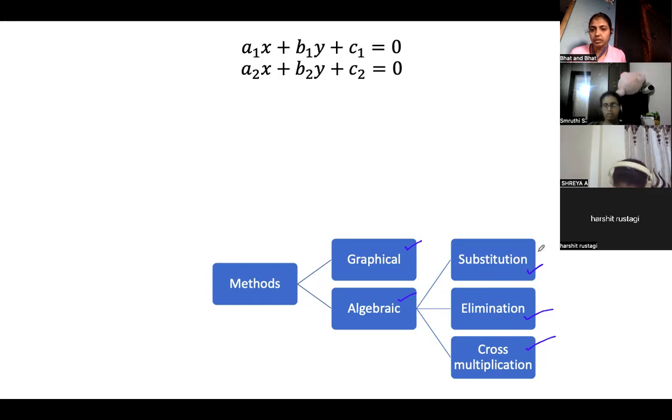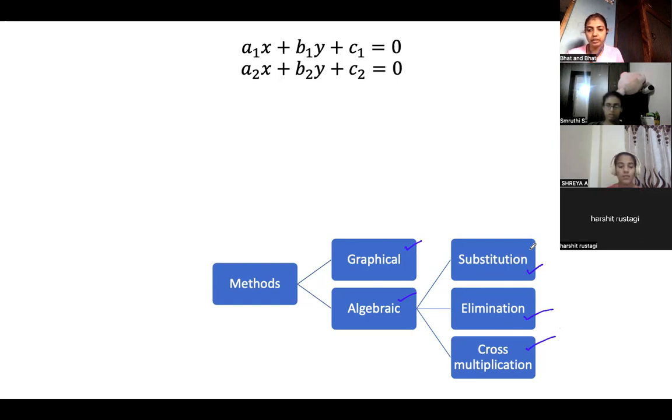The substitution method you already know. You take x is equal to some value and then simplify it.